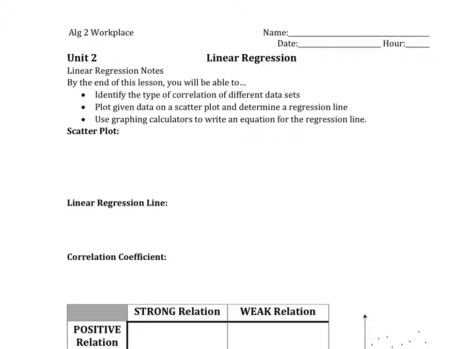So a scatter plot, you may remember we have a coordinate plane, and then you're plotting points on a scatter plot. It's usually data that you have collected. So it's a point, so there's an x value associated with it and a y value, and you'd put a point.